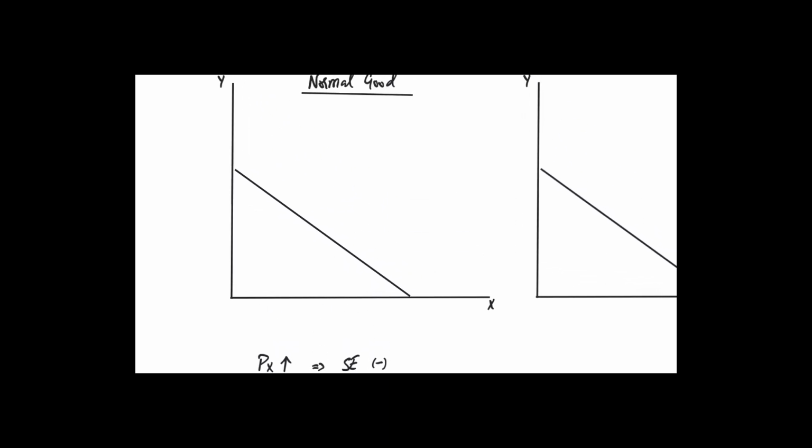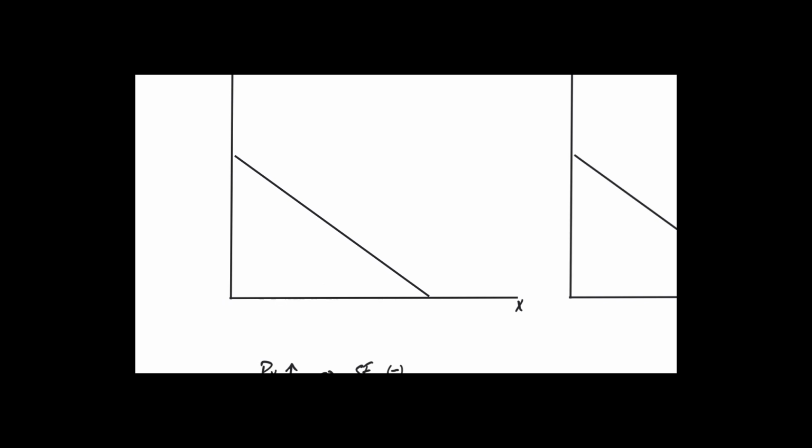So how do we show it in our diagram? Well, when the price rises for X, we can expect a pivot inwards. Okay? And after that, we're going to place our ruler and we're going to start moving it outwards towards the original line.